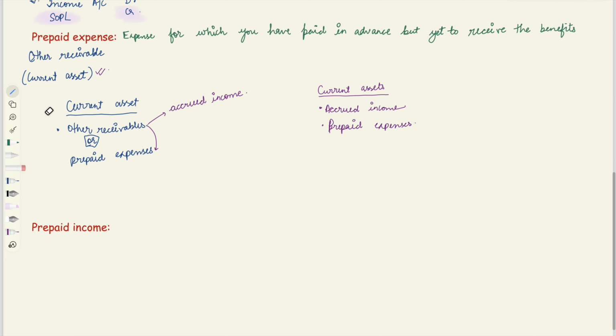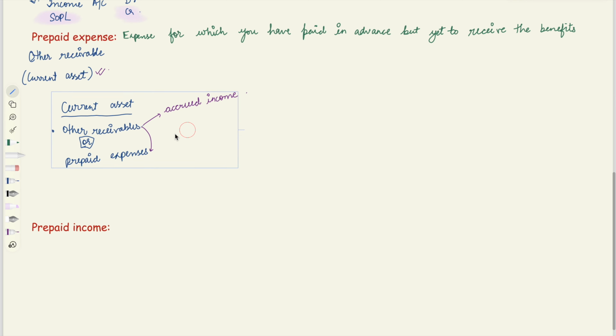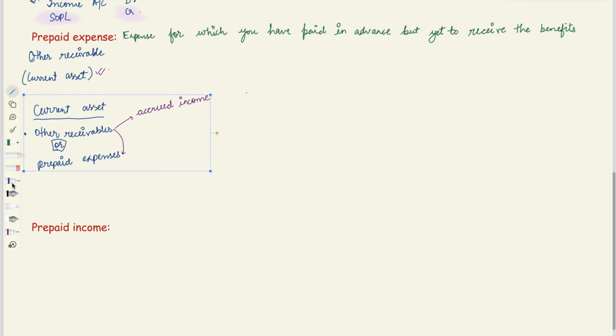Okay, now after we are done with the statement of financial position, in the statement of financial position we have learned how to put it here.